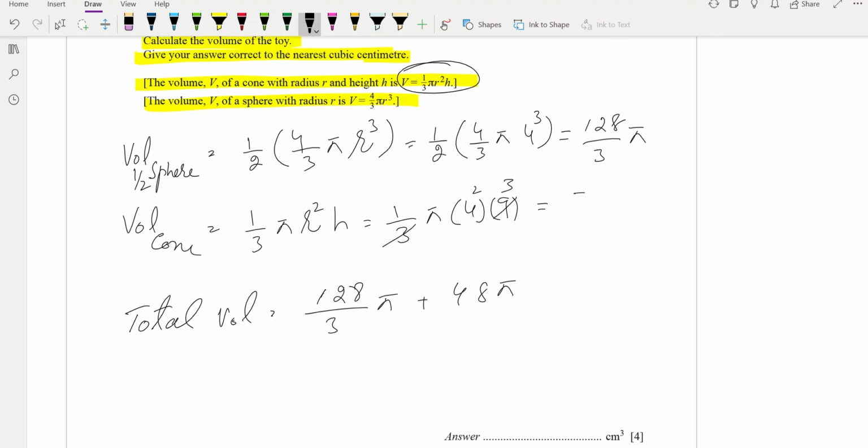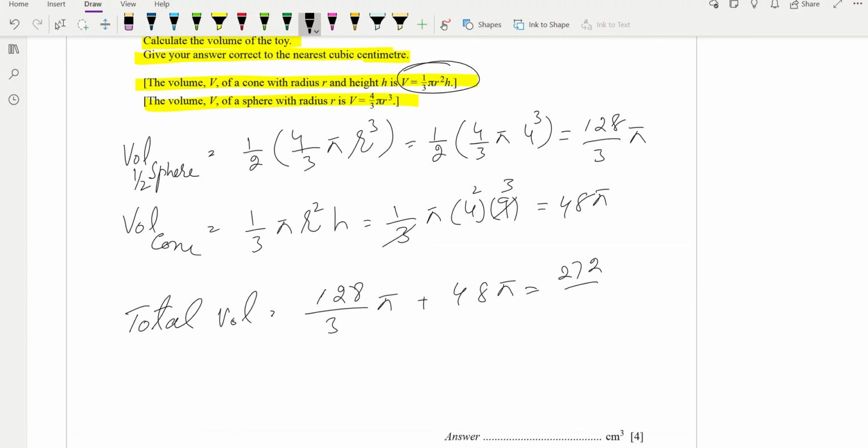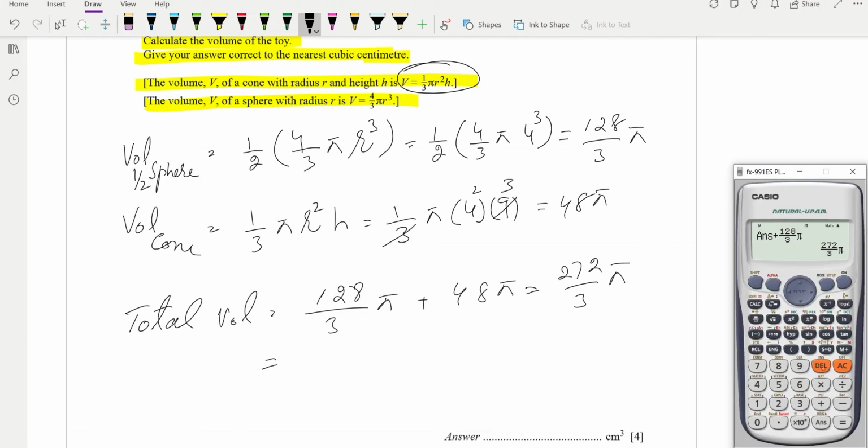So if we add these, 48 pi is already there, so plus 128 over 3 pi, and this is equal to 272 over 3 pi. 272 over 3 pi, and decimal value will be 284.8377.